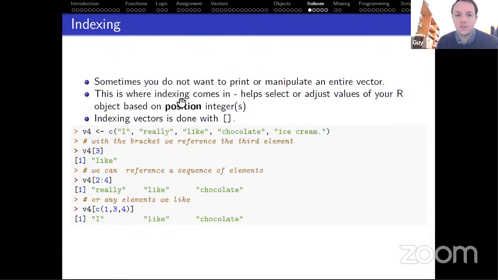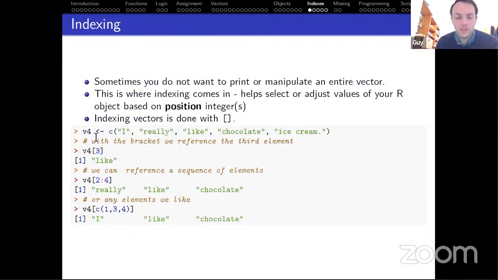Indexing allows us to select different parts of an R object, or even to select and adjust values in our object. It's done based on position integers. This means we can say we want the second part, or the fourth part, or the eighth part. We select positions using square brackets, which tell us we're looking for a subset of the R object. So we put the square brackets after the object.